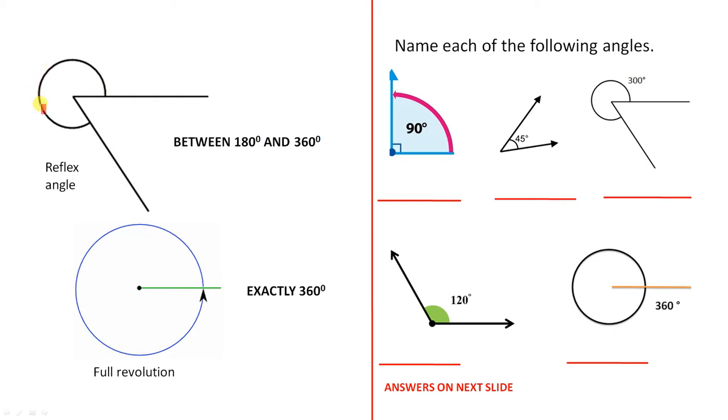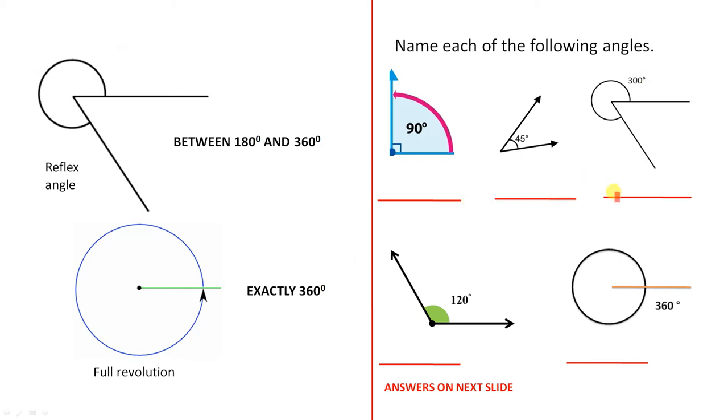And that's it there. If an angle is exactly 360 degrees, we call that a full revolution. That is, it starts from one point and goes all the way around and finishes at the same point. So it's exactly 360 degrees, which is a full revolution.